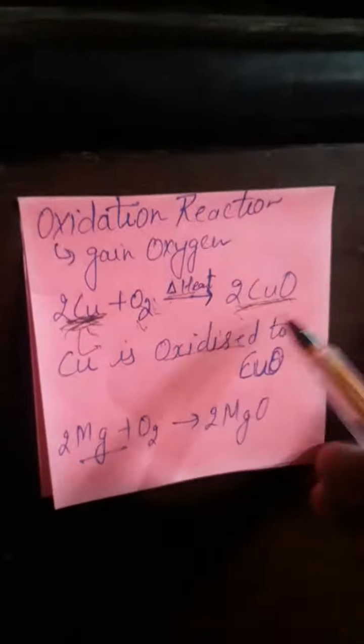So which type of reaction is this, exothermic or endothermic? Endothermic, because heat is provided on the reactant side. When copper reacts with oxygen and gives copper oxide, copper is a metal but the product formed is copper oxide. It means this copper is oxidized. Oxidized means it gains oxygen and forms copper oxide.